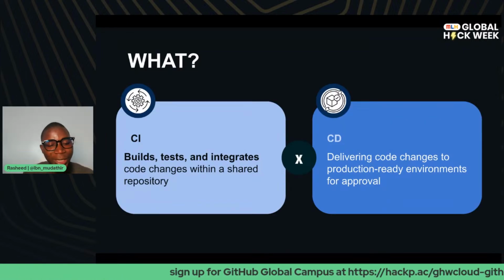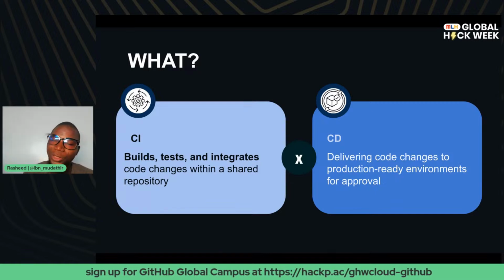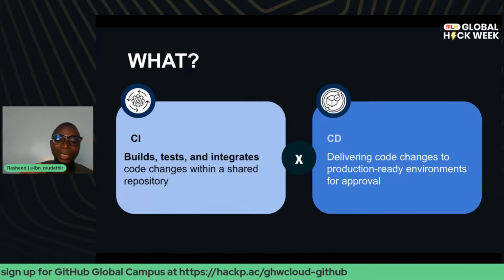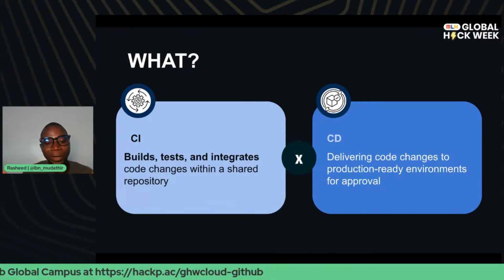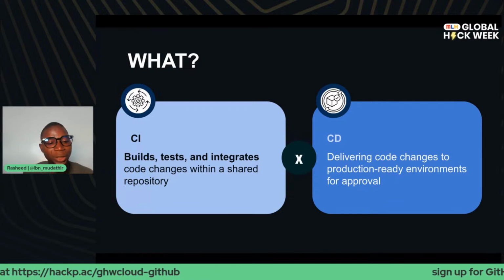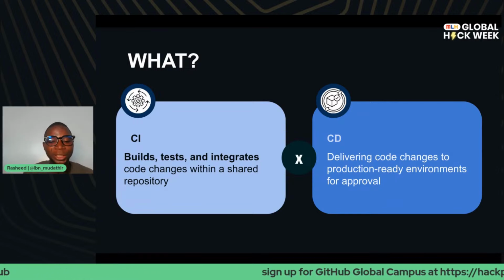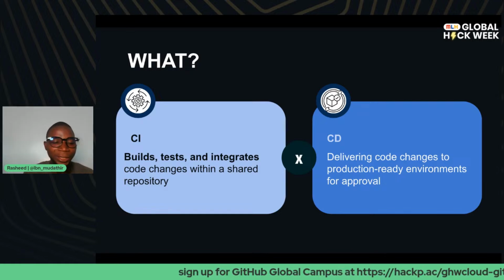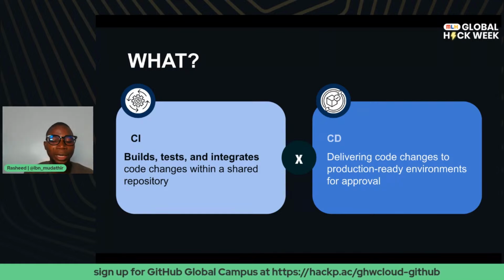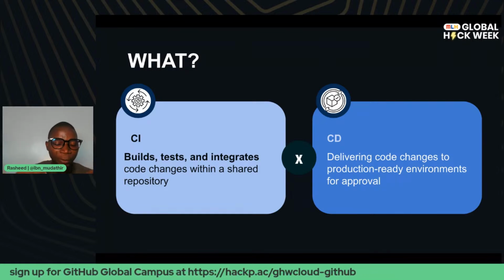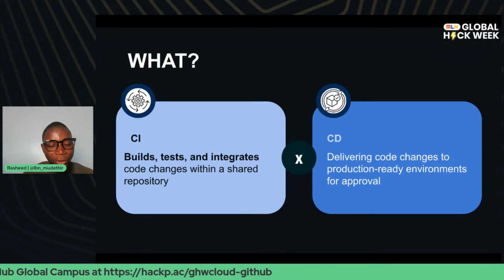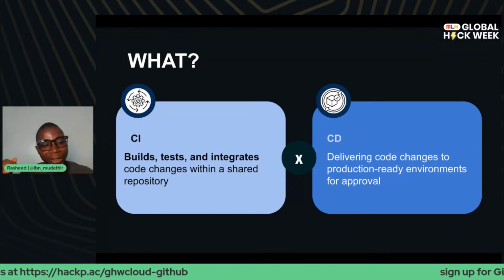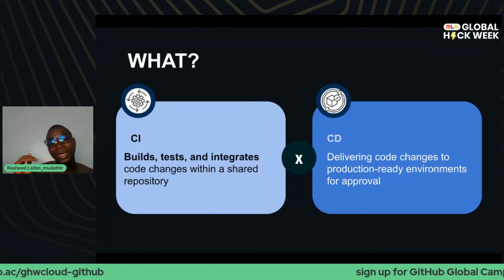CI is basically the process of integrating your code together. You have a couple of team members working on a particular product, so you need a way of merging their work together. The simple example I give people is, if your product has a front end team and a back end team, you need a way to merge these codes together.